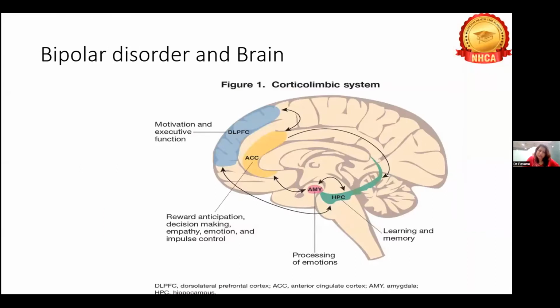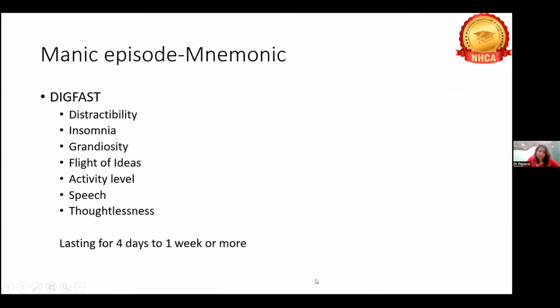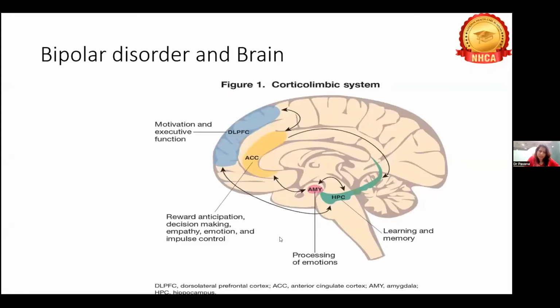Now, coming to whether bipolar disorder is something wrong in the brain, is there anything to do with the brain? One thing we have to understand here is that any mental health or psychiatric issue has a neurobiological base.